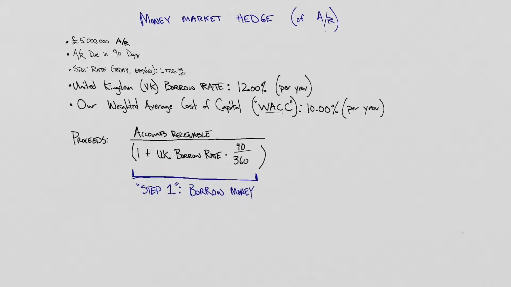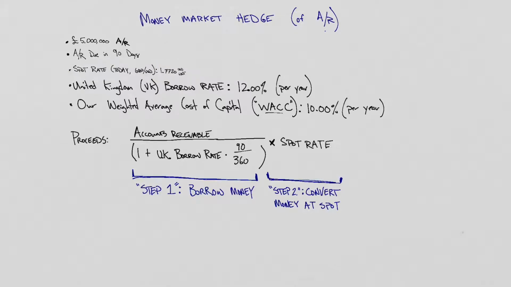So this is sort of our step one here in the money market hedge strategy. And our step two is to convert that amount at whatever the spot rate is right now, the spot rate today. And our spot rate today at the time of booking this sale is 1.7720 USD per British pound.